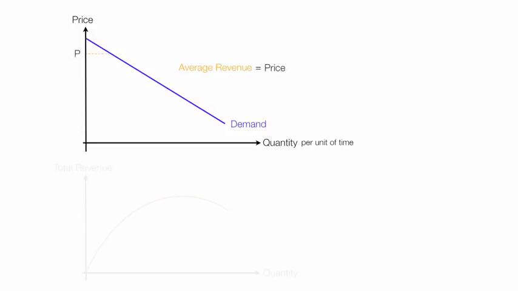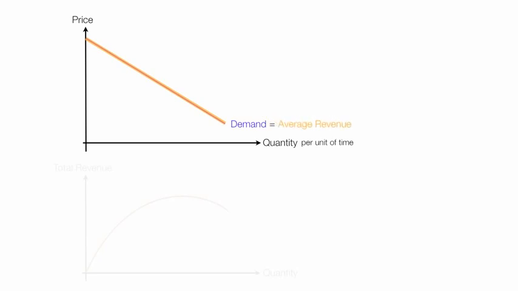So whatever my price is, that's my average revenue, regardless where I'm at on the demand curve. It turns out the demand curve and the average revenue curve are exactly the same, because demand, in this case, is equal to average revenue.